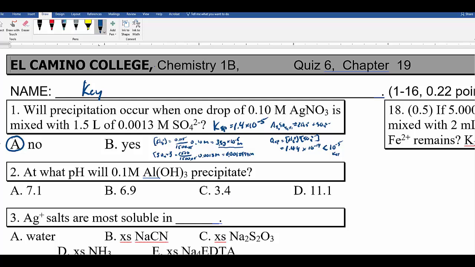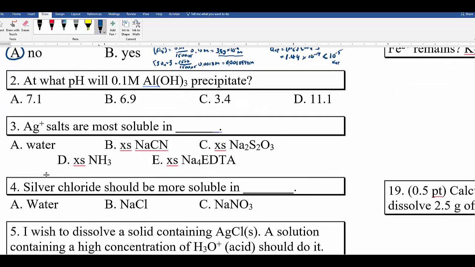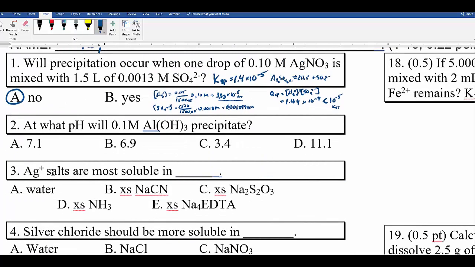Okay, we'll go on to the next one. At what pH will 0.1 molar aluminum hydroxide precipitate? So at what pH will it precipitate? Well, here we need the QSP to be greater than KSP. In other words, let's take a look at the KSP for aluminum hydroxide here.